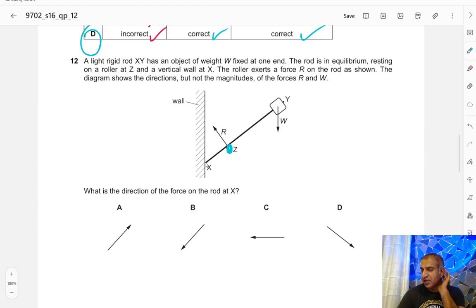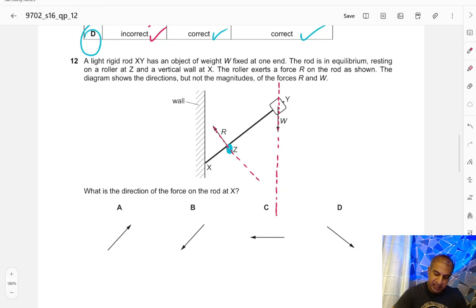Well, since this is an equilibrium, there is a way. The fastest way is to just extend the line of action of all the forces and see where they intersect. If we extend this line, and we know this is an equilibrium, so they are going to meet at a certain point.